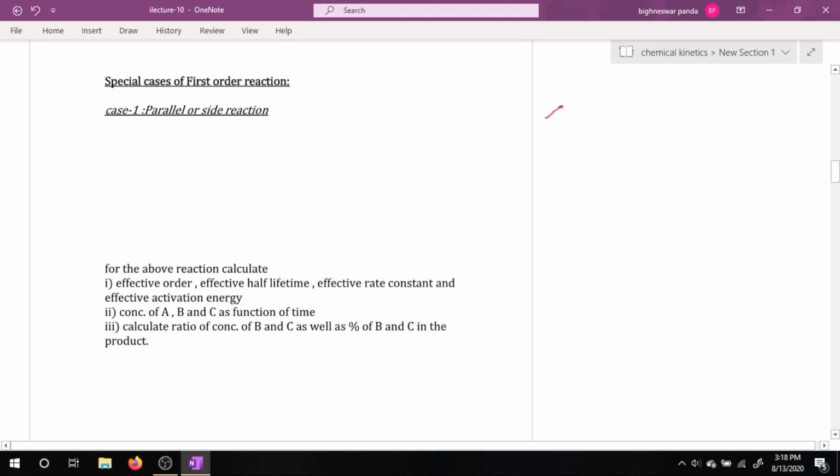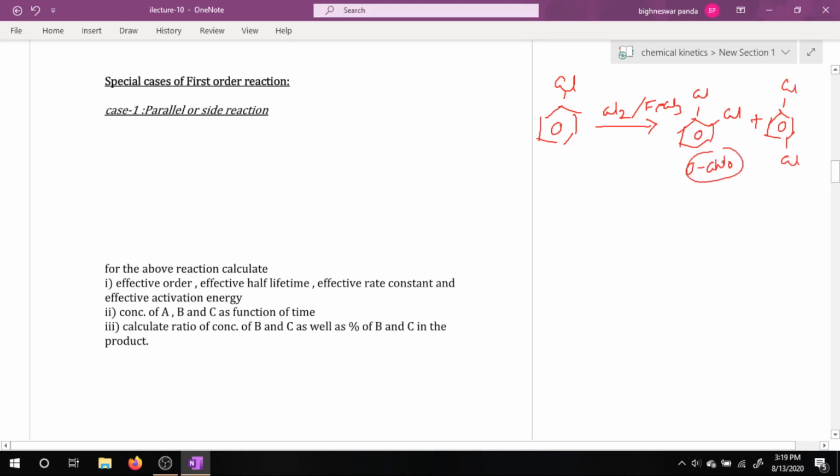Let us consider chlorobenzene, whose chlorination results in orthochlorobenzene or parachlorobenzene.